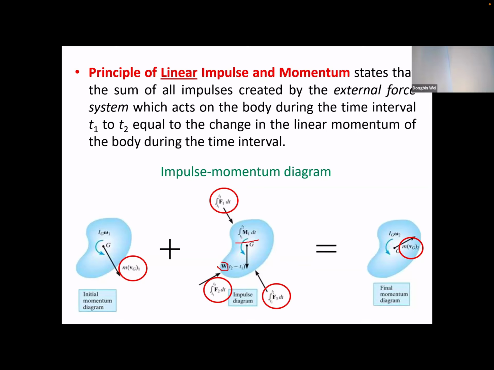In this one here, because at this moment we are talking about the principle of linear impulse, I use this red circle to indicate what we need to pay attention to when we use the principle of linear impulse.